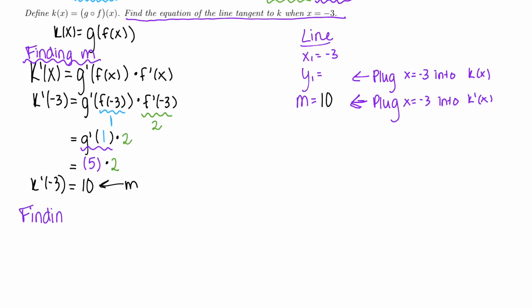For finding y, we're plugging x equals -3 into the original function. So here's our original: k of x equals g of f of x.